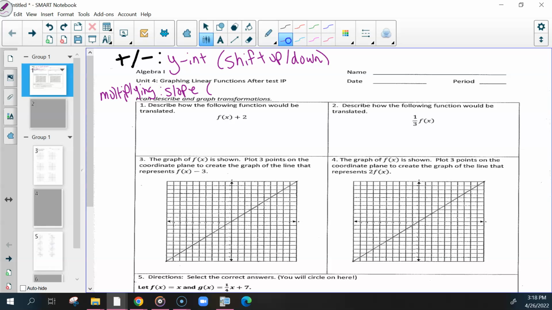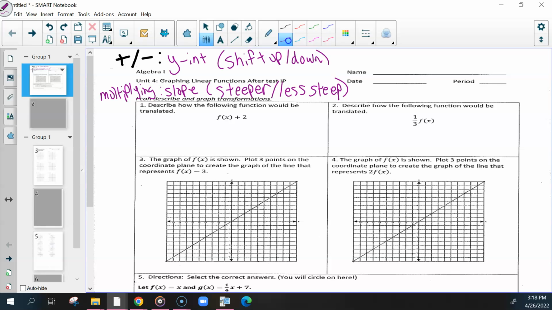And when we describe that, we describe it as the line either got steeper or it got less steep. We could be more specific, like steeper by 2, less steep by 1/3, whatever.